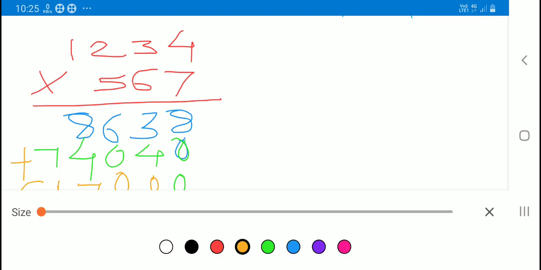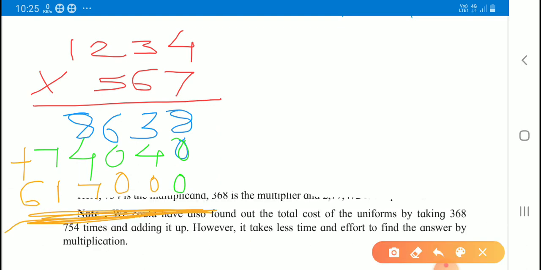You have to add this number. Now here I will write the answer upside. Here 8. Okay. Then 3 plus 4, 7. Then 6 plus 0 plus 0. It is 6 only.